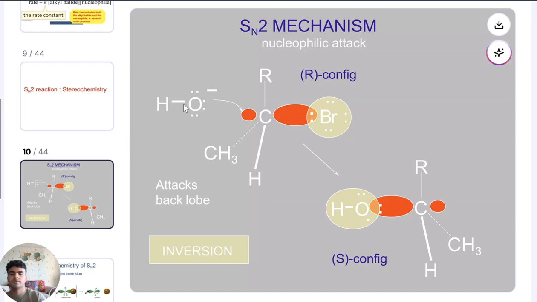The OH minus nucleophile will attack the electron density at the antibonding orbital of the C-Br bond, and this bond will gradually develop, and this C-Br bond will gradually break. And after that, inversion of configuration will take place.